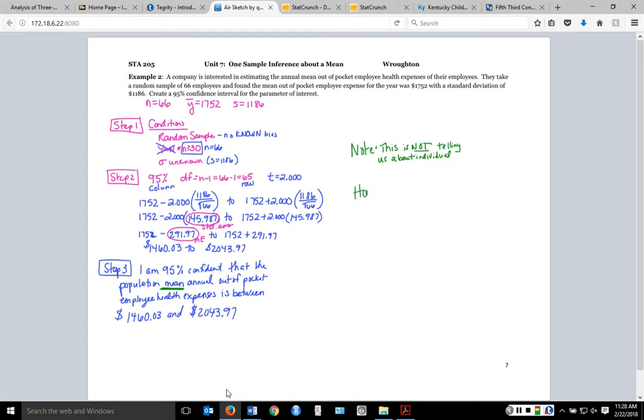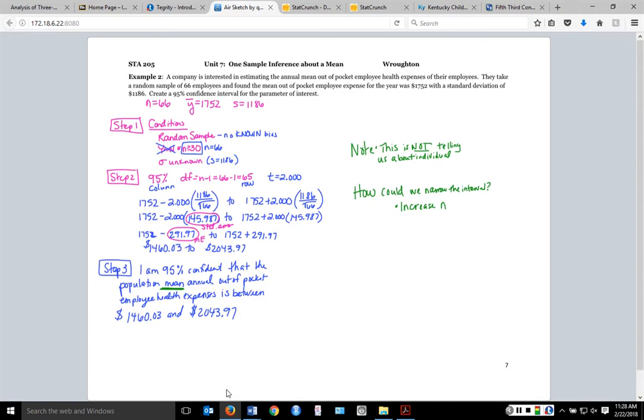Another just reminder. So if you notice that our interval here is kind of wide, it's about $600 wide. So how could I actually narrow this interval? So there were two different things that we talked about that are able to make our interval more narrow. The one thing that we can always do is increase our sample size.